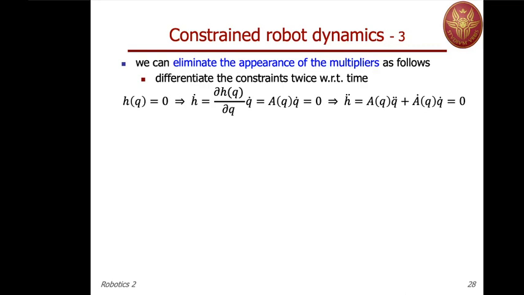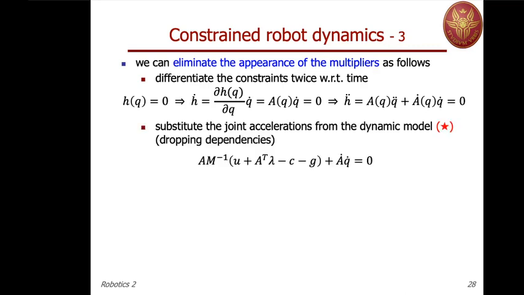So we have this second order differential equation. The acceleration should satisfy indeed the dynamic equation, the constrained dynamic equation, so the star equation that we have just written. So if we substitute, we can always isolate the acceleration from the dynamic model, because the inertia matrix is non-singular. So we isolate q double dot from the star model, and we plug it into this second order differential equation equal to 0.